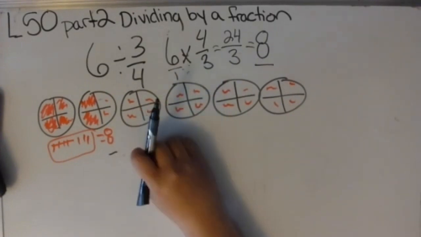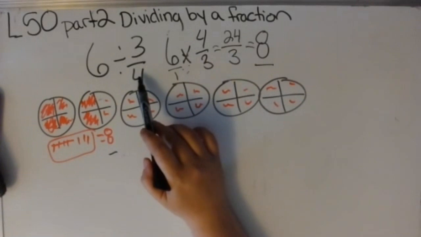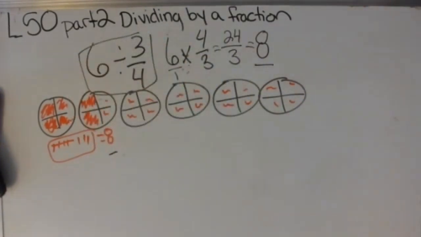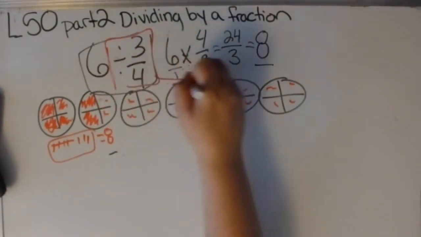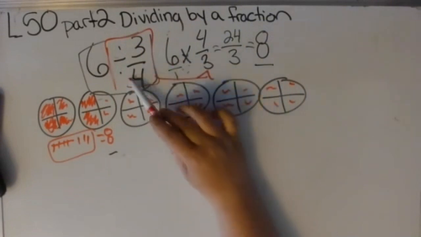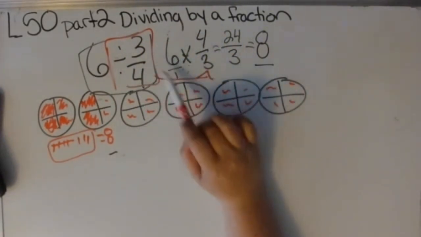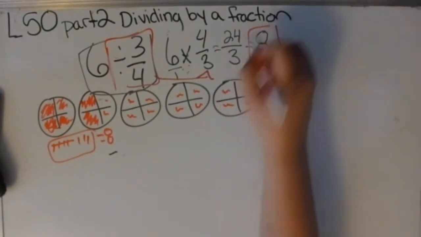Yes, but it would take me much longer than changing into the reciprocal. So again, I took what I started with and changed it into the reciprocal, which is changing division into multiplication and then the reciprocal fraction, did my multiplication, lowest terms, and ended up with 8.